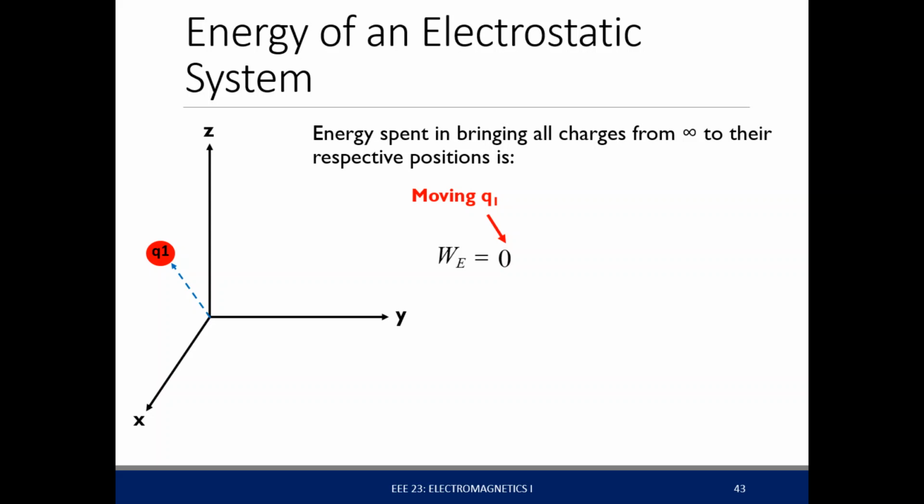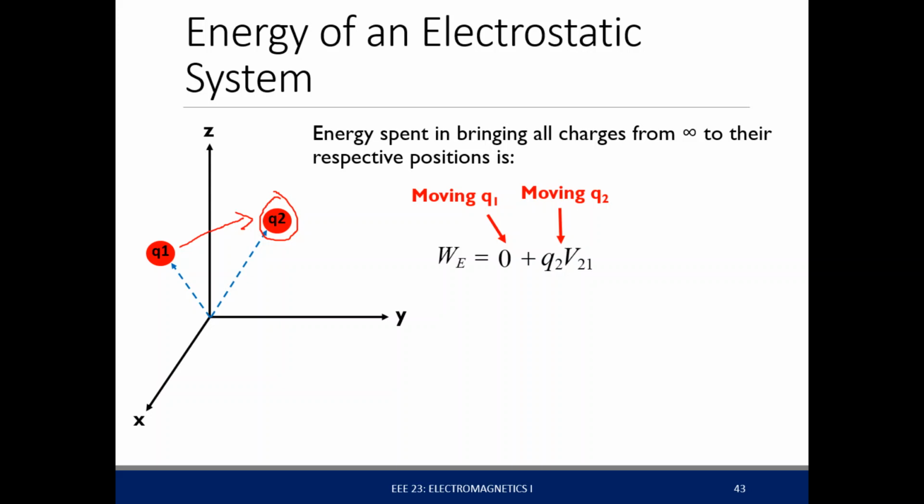So if you move Q1 to that point, we exerted zero effort, therefore the work is zero. When we move Q2 from infinity to this point here, then Q1 has an effect on Q2.